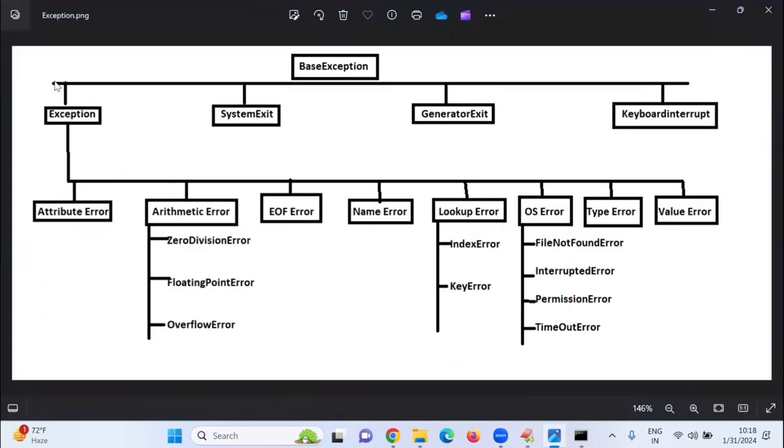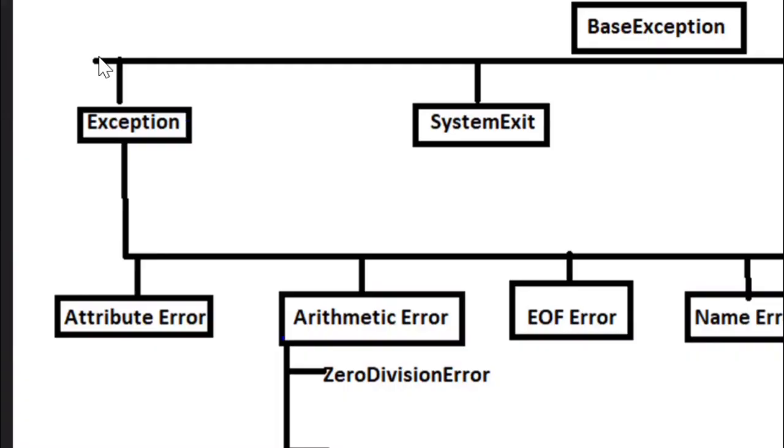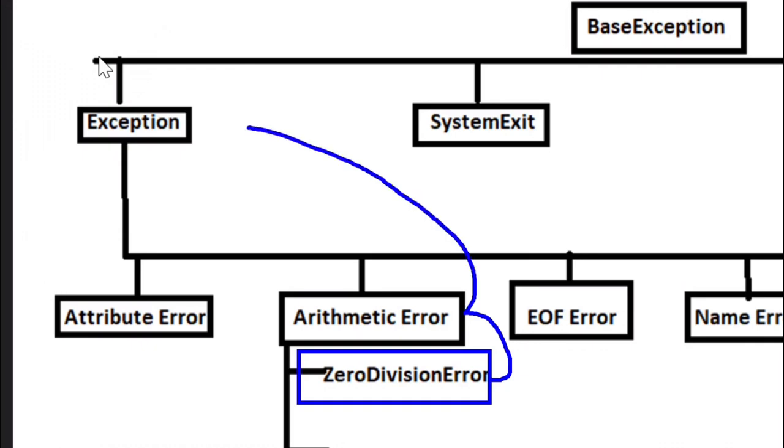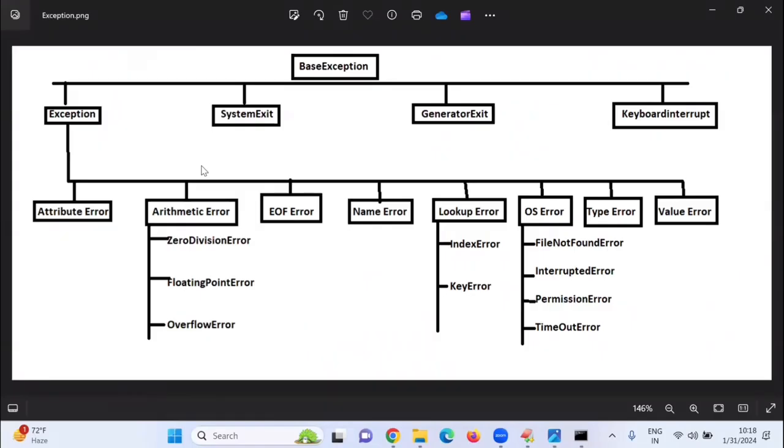In this case, look carefully. Zero division error is the child class. For this, who is the parent? That is the hierarchy actually. Within my program, I mentioned both parent and child. Which will execute, child class or parent class?